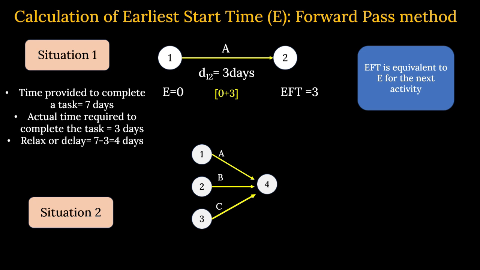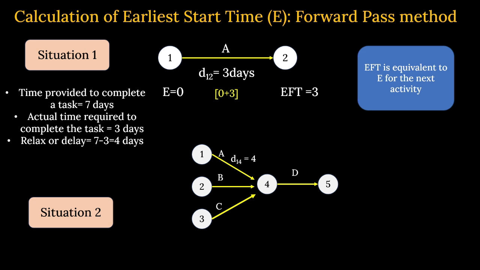It is in the middle of the activity. Don't think that events are starting from here. It is somewhere in the event. And then the next activity D starts from there. This is your situation.